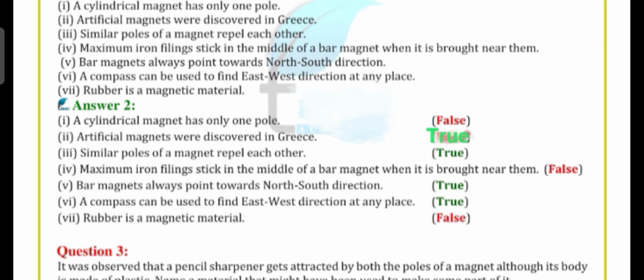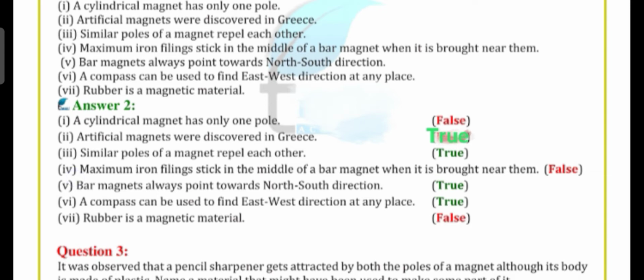What will be the nature of the attraction of iron filings to the magnet? We have seen that the iron filings will attract more at the two ends of the magnet and not at the middle of the magnet. Okay, so this is a false statement.